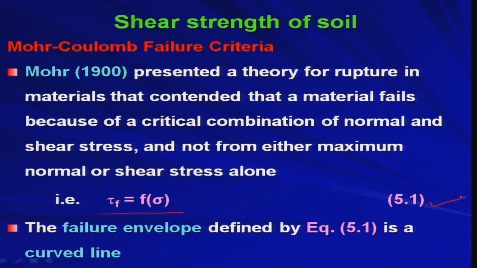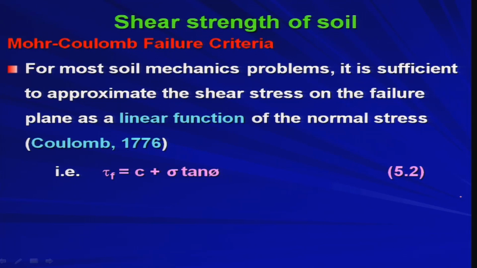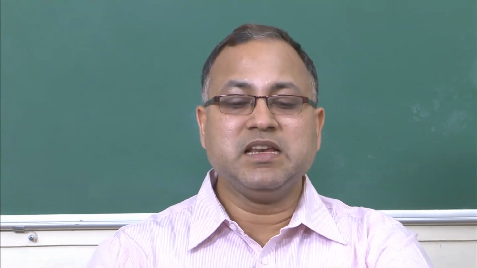Frankly speaking, this is a nonlinear failure envelope. However, for most soil mechanics problems, it is sufficient to approximate the shear stress on the failure plane as a linear function of the normal stress. In most soil mechanics problems, we generally consider that it is a linear function.